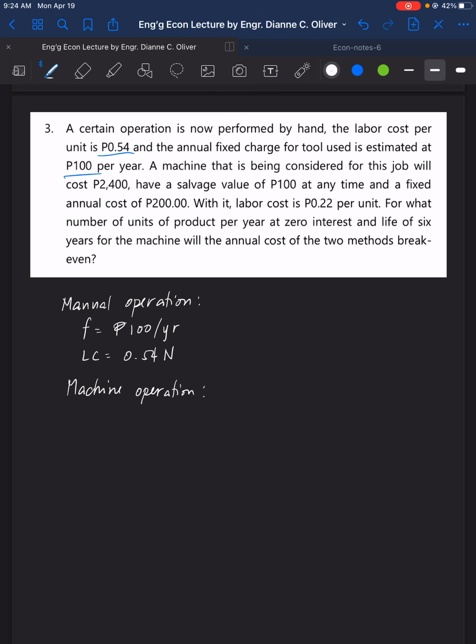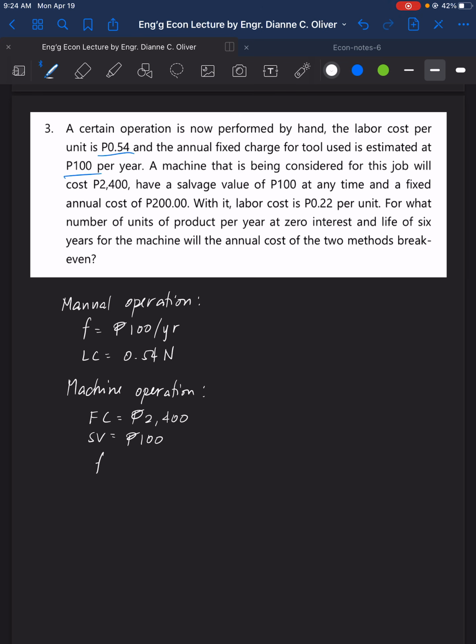So for the machine operation, we have the first cost of the machine as 2,400 pesos. Salvage value equals 100 pesos at any time.